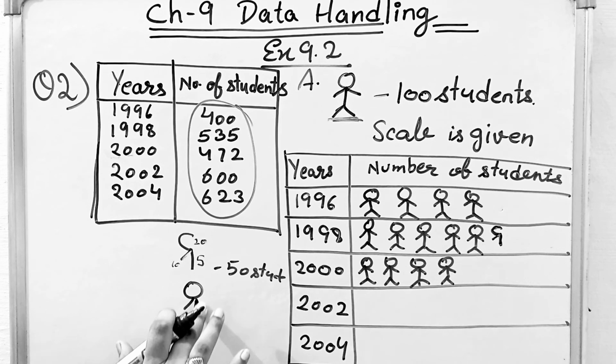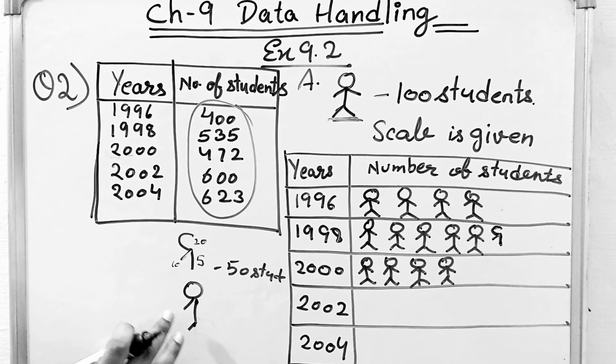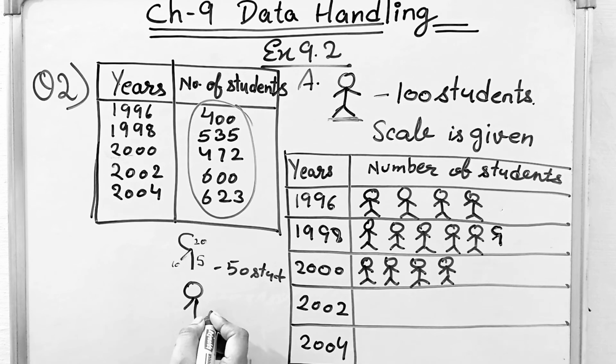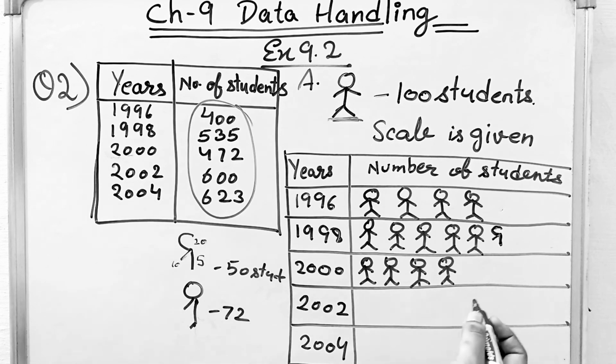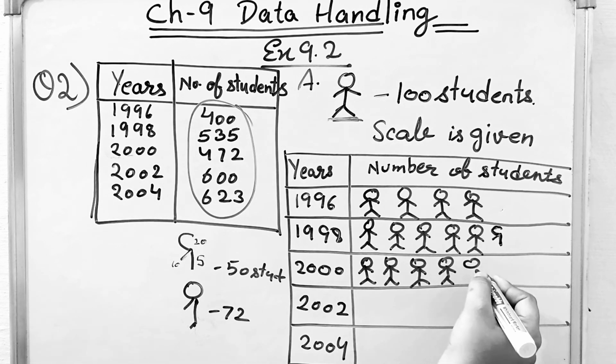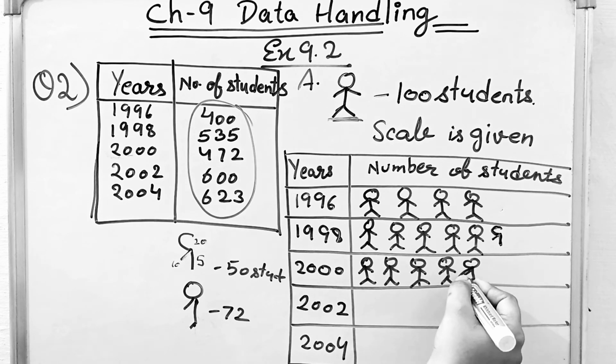If we remove this one hand, it becomes 80. Then we just shorten one leg, so it becomes 72. So we can draw it like this only. This will represent 472.